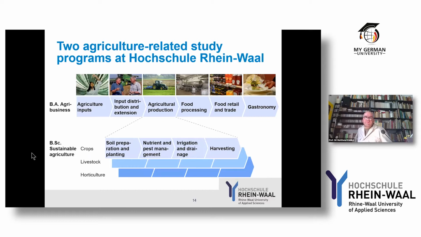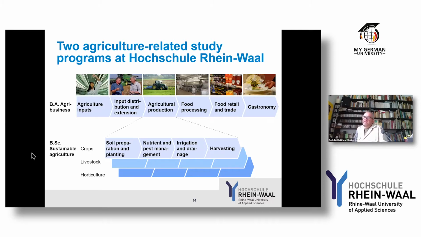The first one is our agribusiness study course, and I will go a bit deeper very soon, but it is an economically and socially science-oriented study course, which is taking the whole supply chain into focus. So from the agricultural inputs over the production, food processing, and so on, till the gastronomy.